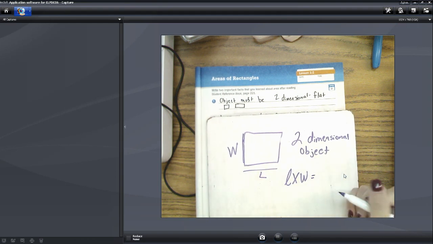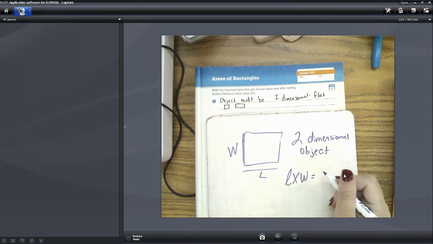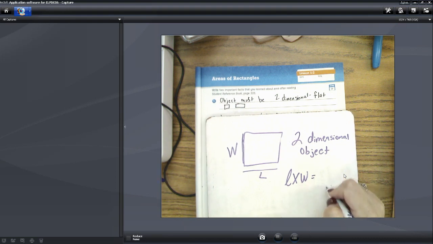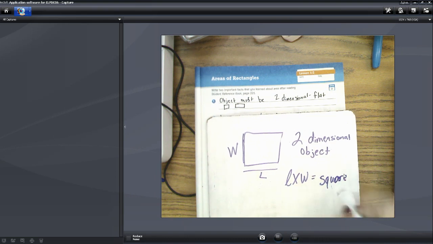That means that whatever my answer is, whether it's centimeters, meters, inches, yards, units, whatever it is, it's going to be called squared units. Or sometimes they say units squared with a little 2.